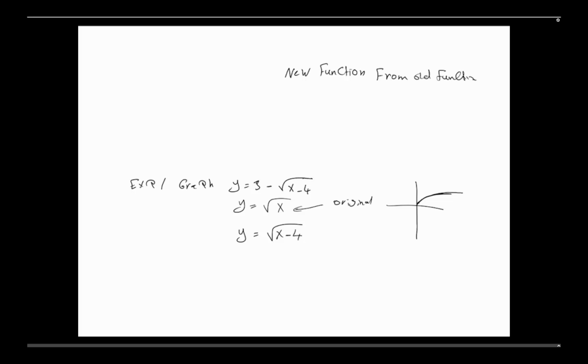When we add the negative 4 here, the change that happens to our graph is that it will go 4 steps toward the positive x. It's like the opposite of our value. Since we have a negative 4, we go 4 values forward. If we had a positive, we would be going backward, but since we have a negative, we go forward. So our function will start from here. It will be like this.